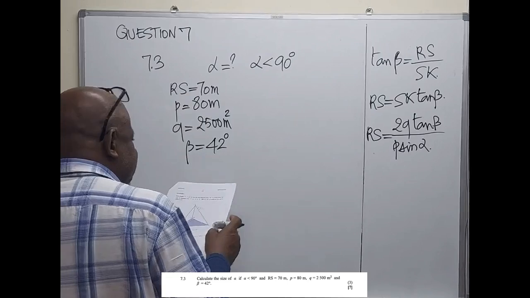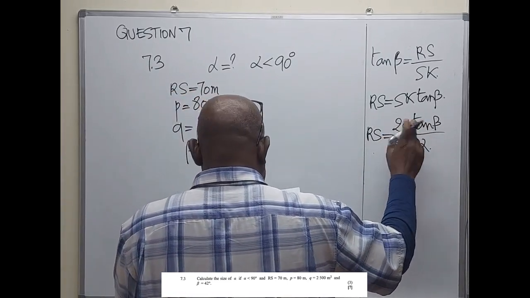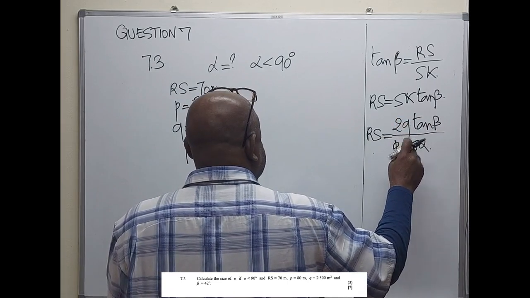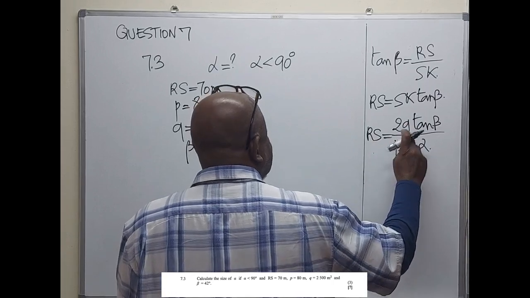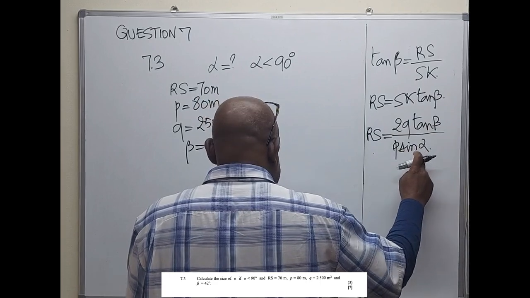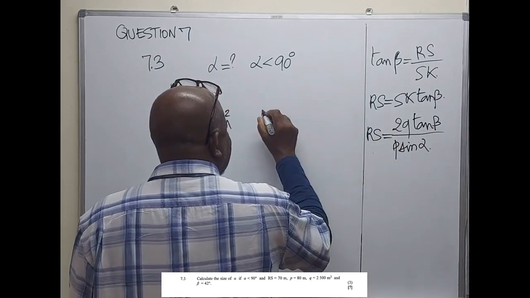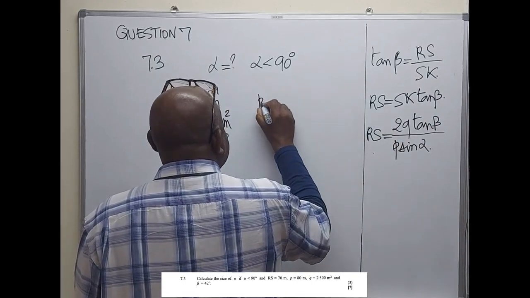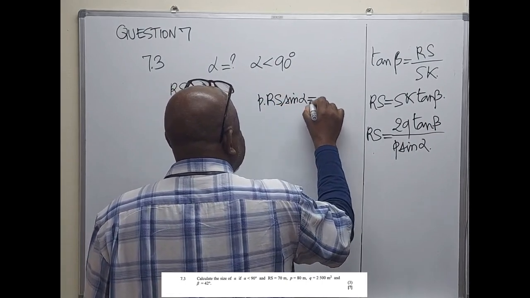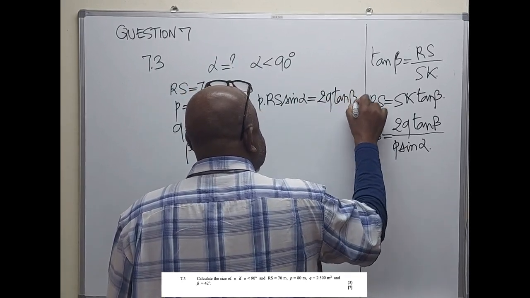If we want to get the size of alpha, we will take our RS, the answer from question 7.2, still on the board. RS is equal to 2Q times tangent beta over P sine alpha. So if I cross multiply here, I'll have P times RS times sine alpha equal to 2Q tangent beta.